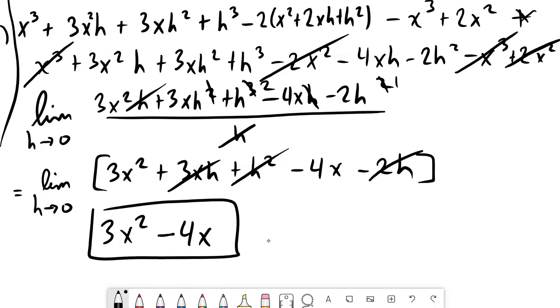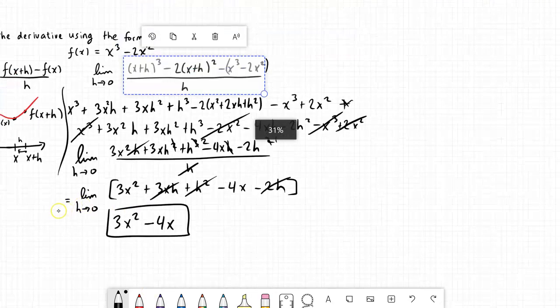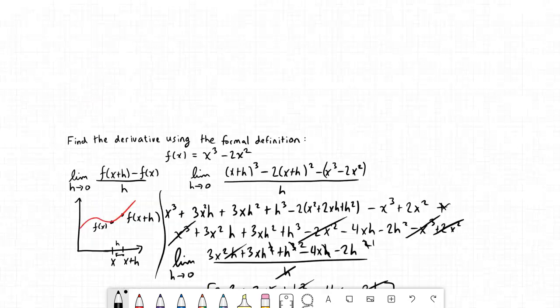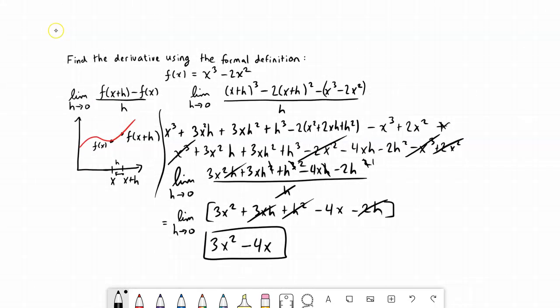Here, let me zoom out and see the whole problem at once. There we go. So just a quick summary. We wanted to find the derivative using the formal definition. This is the definition right here. I'm going to highlight it because this is something you should remember.